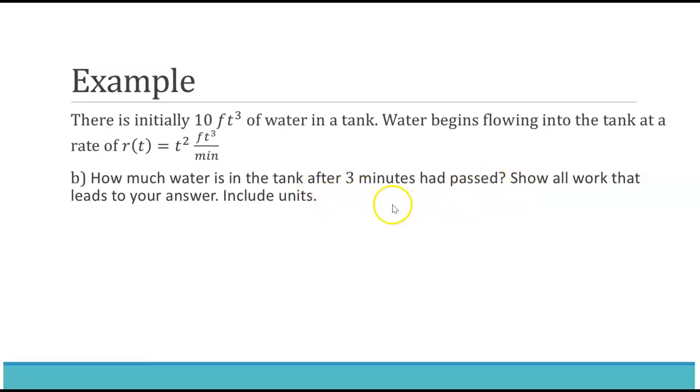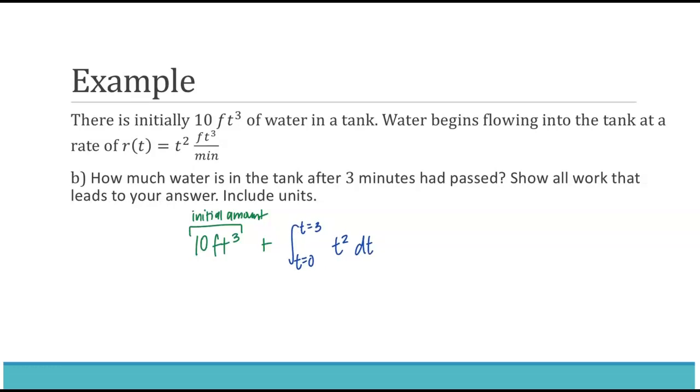That means we need to take into account how much was in there initially. So in other words, the answer to part B is going to include that initial 10 feet cubed of water. So this is our initial amount. And then we need to add to it the net change, which we calculated in part A.